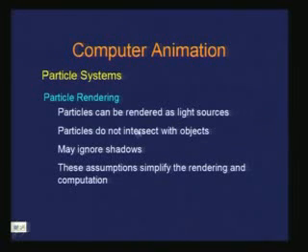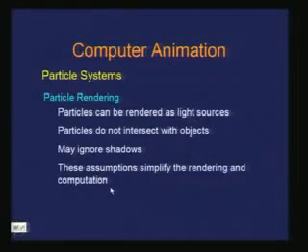They would not intersect with objects, and particles and particles would not collide, let's say, because otherwise finding out collision between the particles is computationally intensive. You may even ignore shadows of particles on particles. You may have shadows of the entire particle system on a ground plane or something.